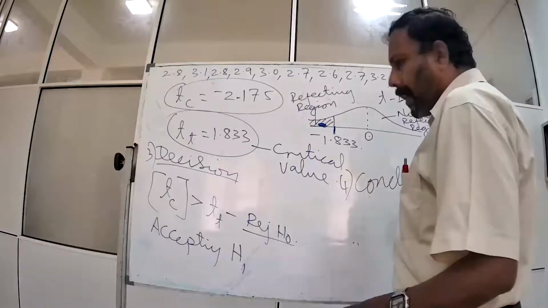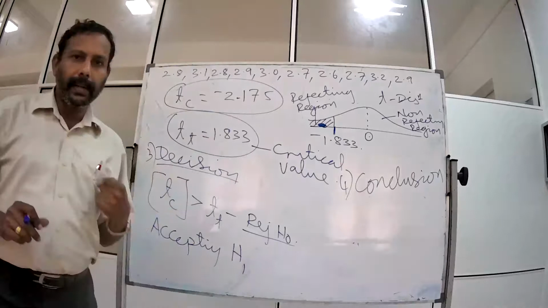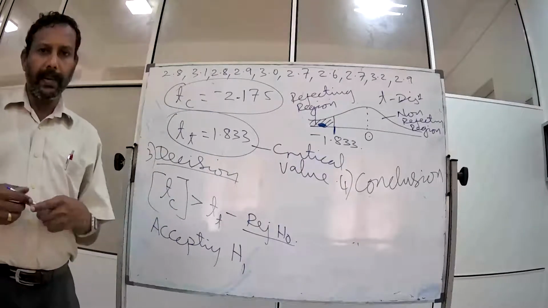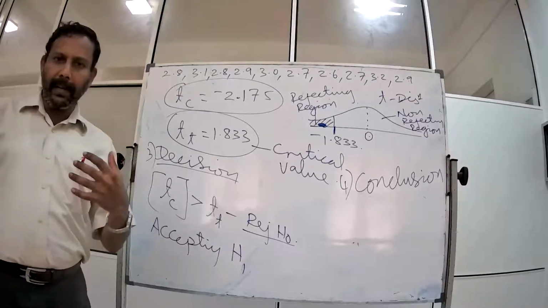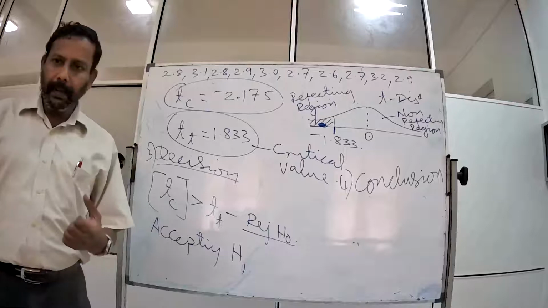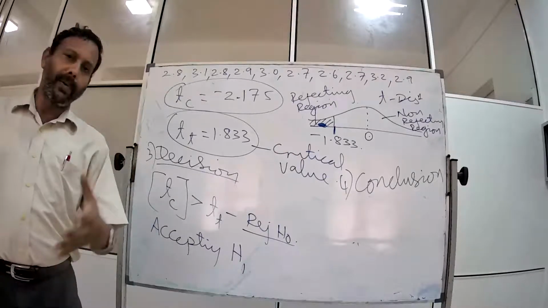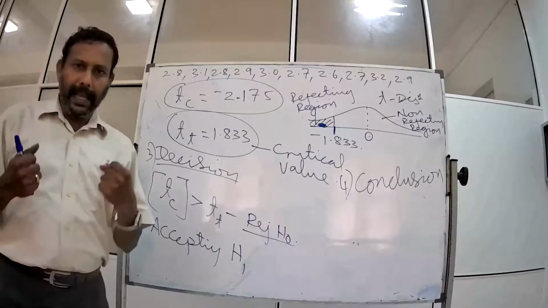In every research or analysis, you have to come to a conclusion. The conclusion has to be in a softer manner so that every layman should be able to understand it. That is the purpose of all this analysis.